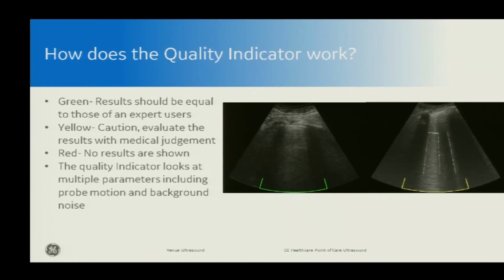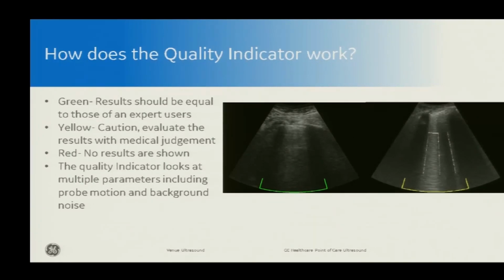But when the quality indicator is red, we actually won't show any B-line count at all with the Auto B-line tool because we know that it just can't be trusted. So there's no results shown, and it's indicating to the physician that they should not try to use it. They need to get a better image.